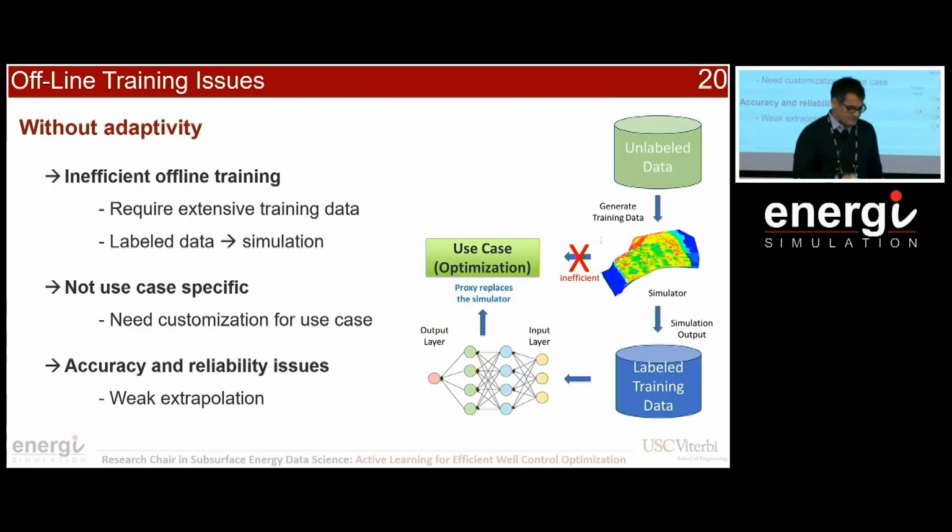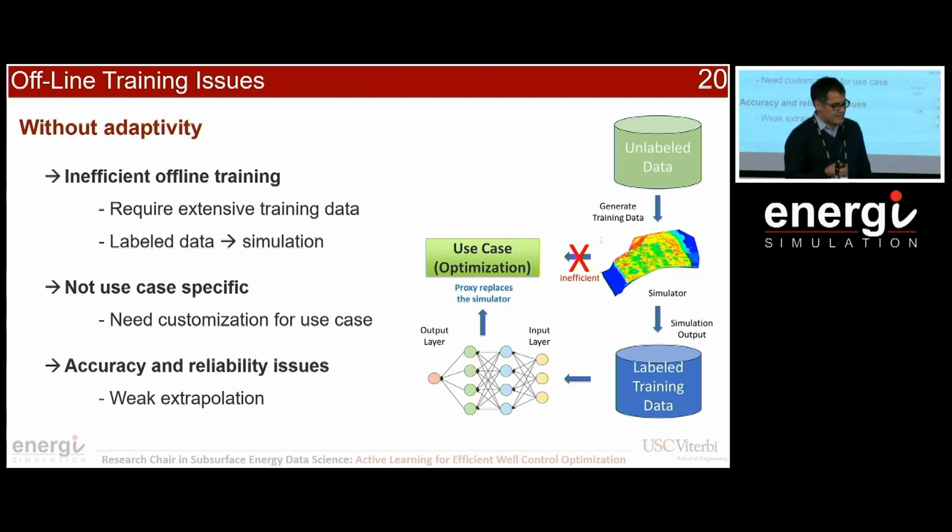So what we conclude from here is that without adaptivity, you end up having a very inefficient offline training algorithm, and you may have to retrain a few times before you actually get to a good solution. And since you're not taking advantage of the use case that you have, some sort of customization is needed in order to maximize the utility of these approaches.